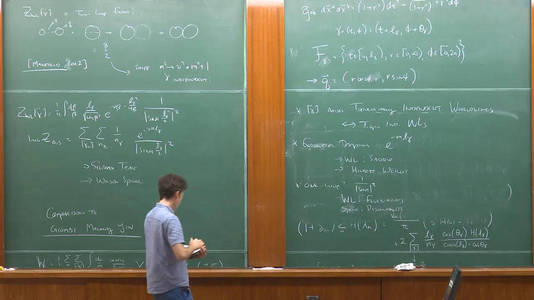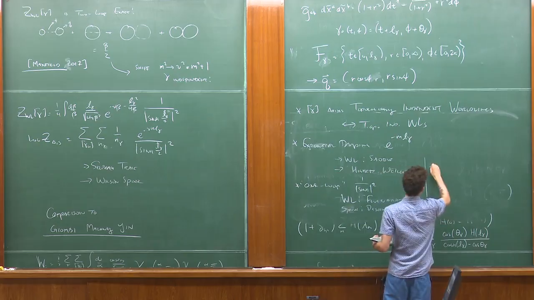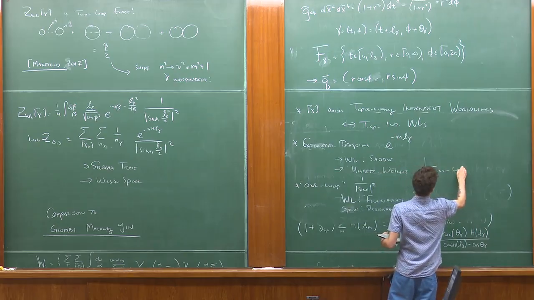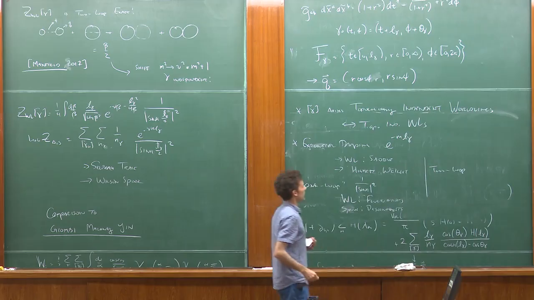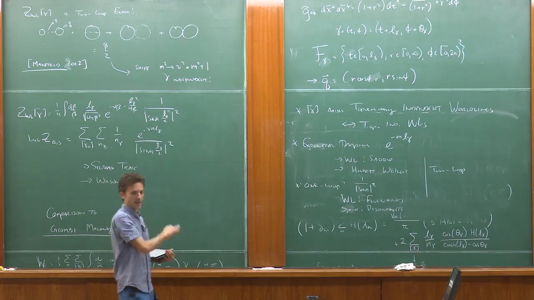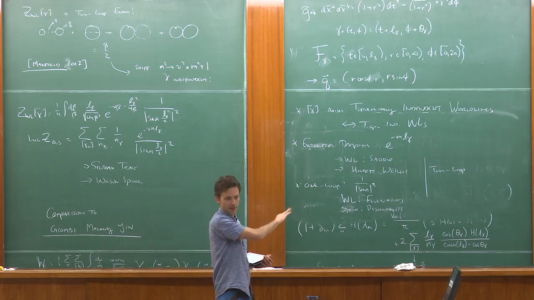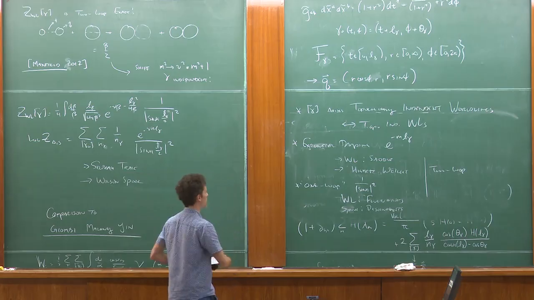Then the two loop shifts the mass to this parameter, and it was completely independent of gamma, which thankfully had to be the case because in the Wilson spool this was just something fixed completely by the Casimir. It had nothing to do with where the Wilson loop sat.